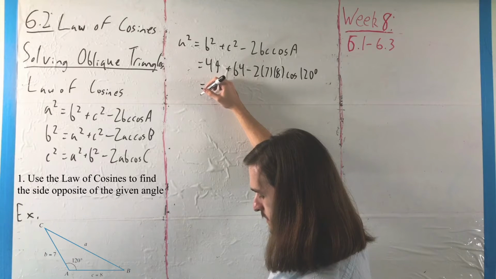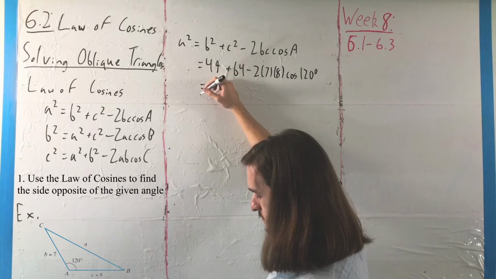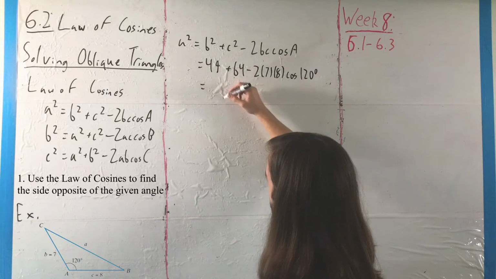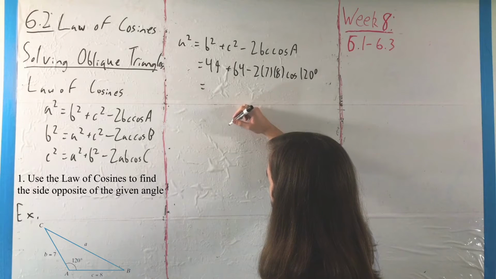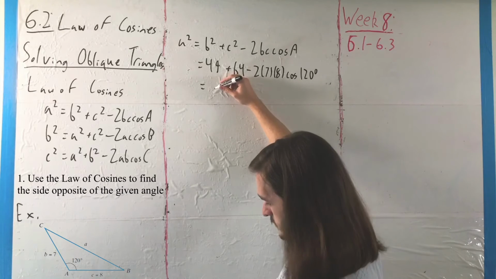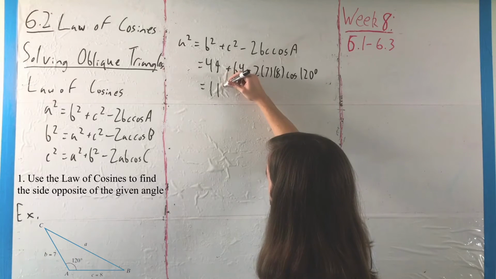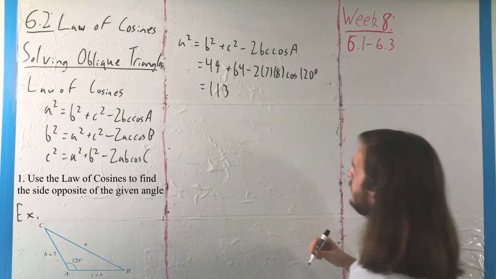Take all these together, and we will get 49 plus 64 equals, what would that be? You add those up, and you get 113.